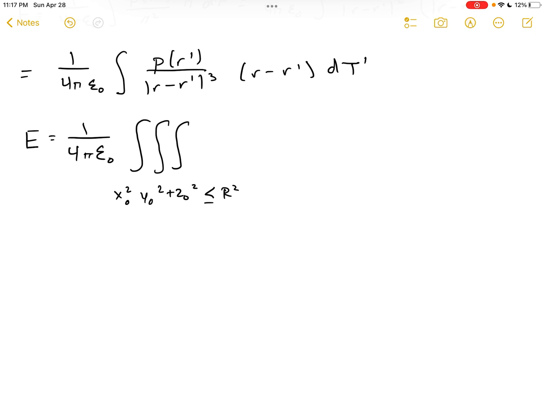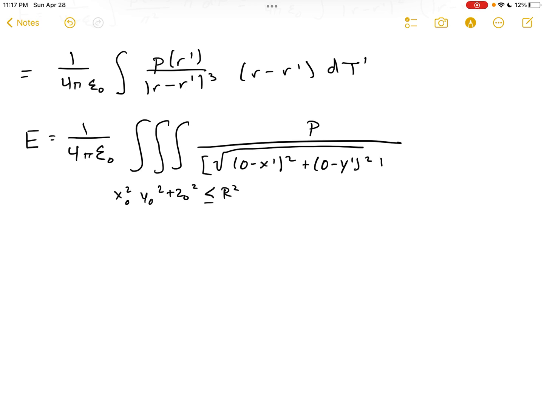Then we have rho over the square root of 0 minus x squared plus 0 minus y squared plus z minus z naught squared, all times the vector 0, 0, z.